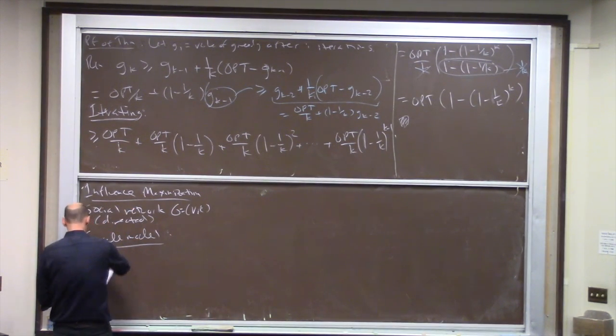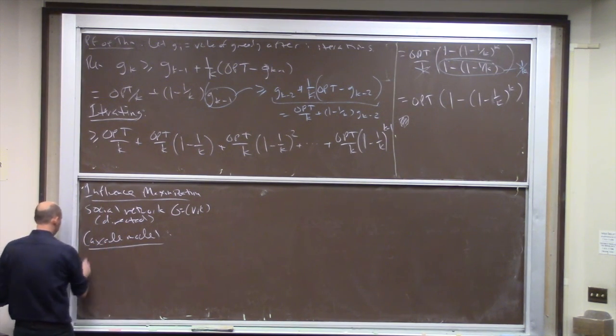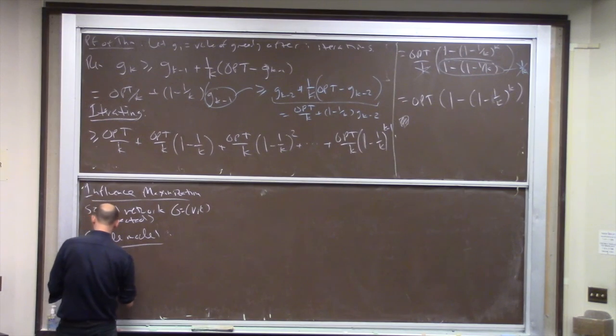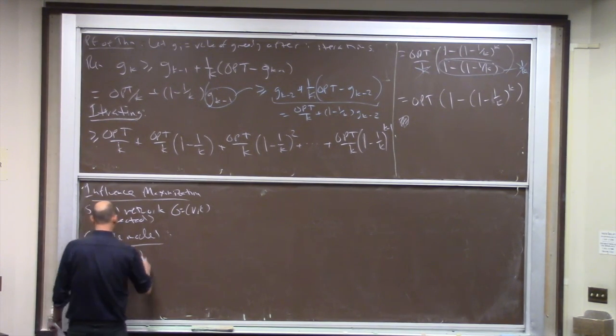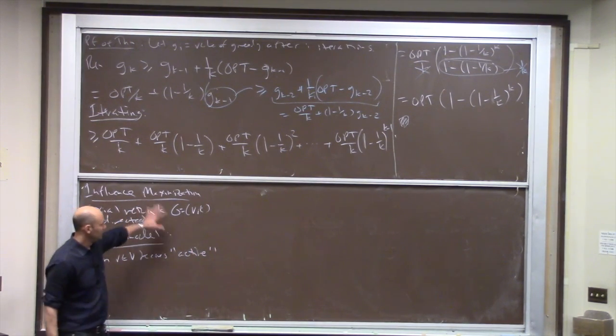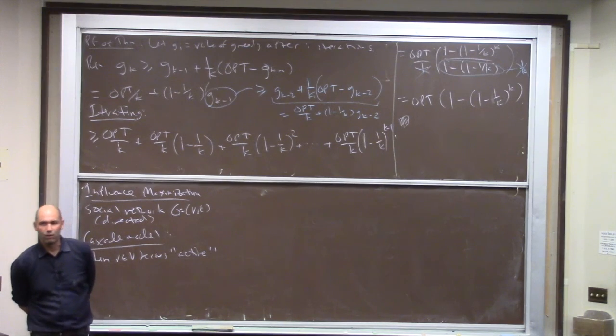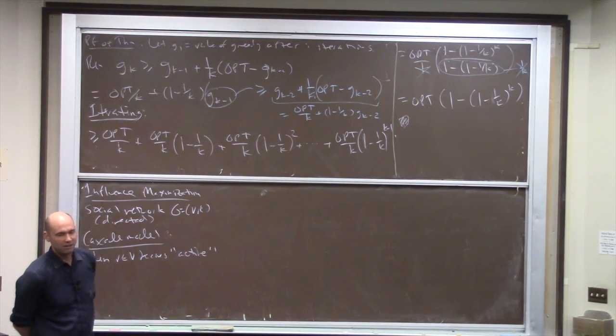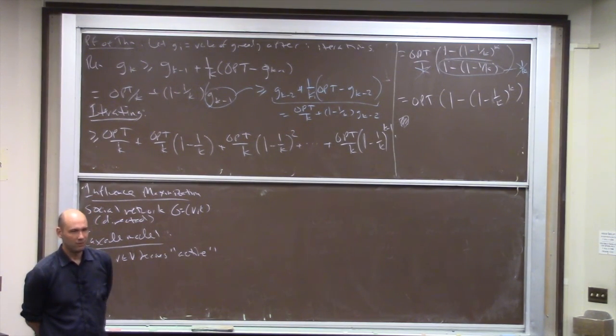So imagine that some vertex is active. Another thing which is sort of amusing, this idea of looking at spread in networks has been around since before computer science. People cared about this before computer science was really a discipline.